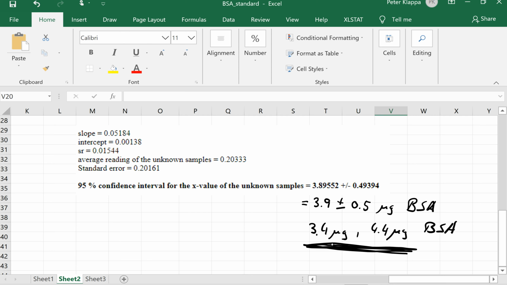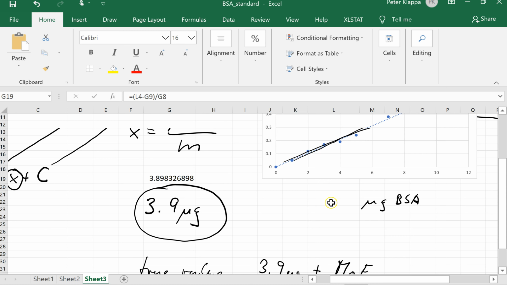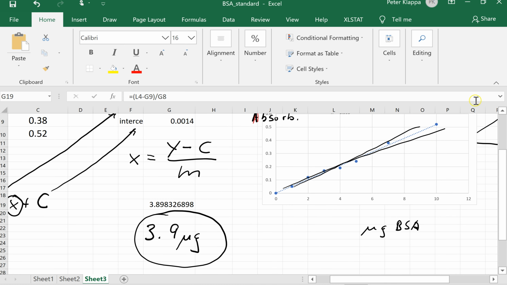Now you see, despite having a pretty good standard curve here, we have quite a considerable span in our readings. So let me indicate that. 3.4 is probably here, and 4.4 is probably here.